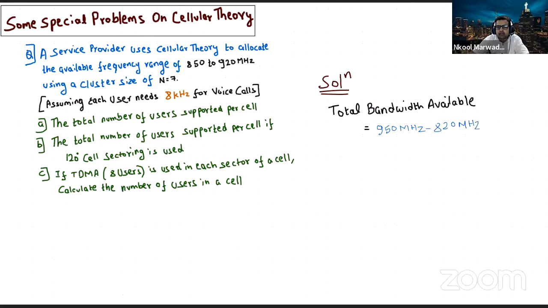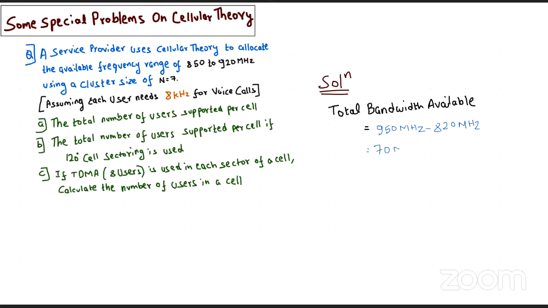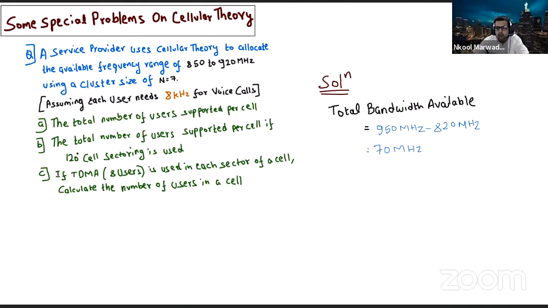Can we convert it into kilohertz? 70 into 10 power 3, 70,000 kilohertz. Okay, that is right. So the total available bandwidth is 70,000 kilohertz.